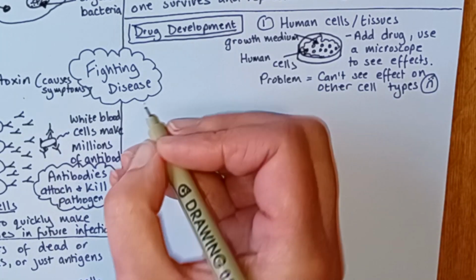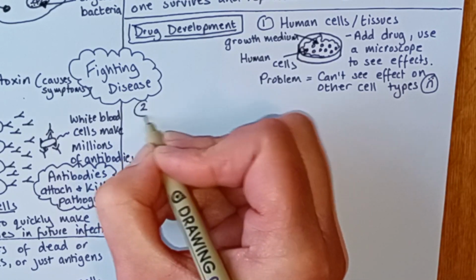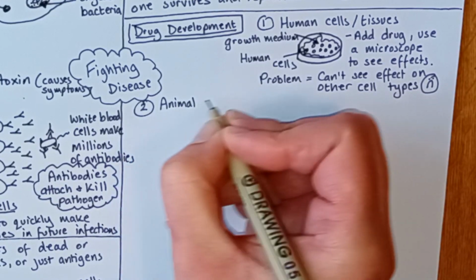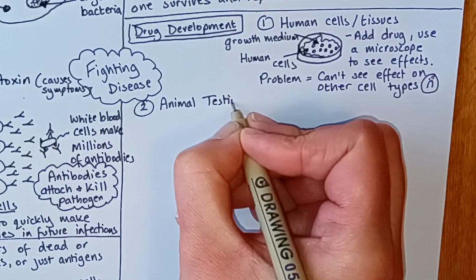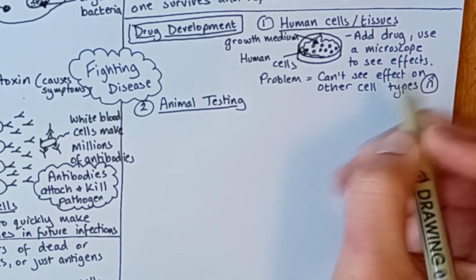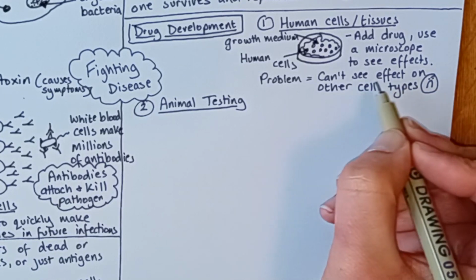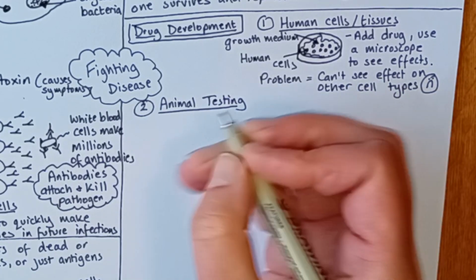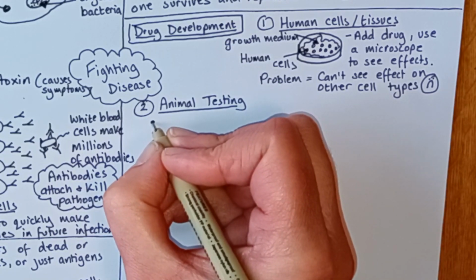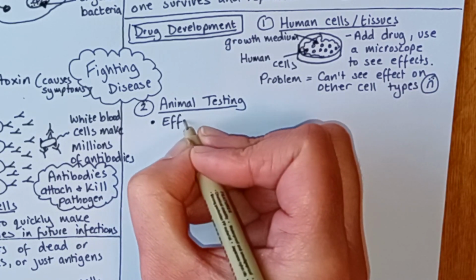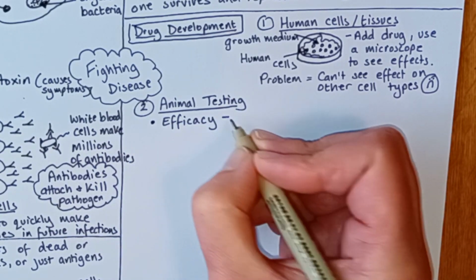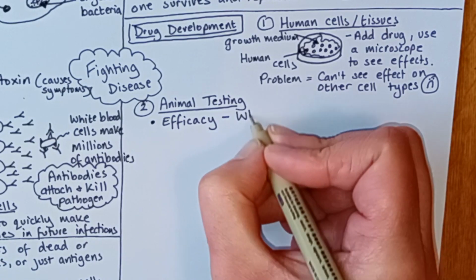So we go to stage 2, which is animal testing. And the reason we use animal testing in the UK is because we can't see systematic problems. Okay. And so with animals, we are testing for efficacy. Efficacy is the word you need to know to say whether the drug works.